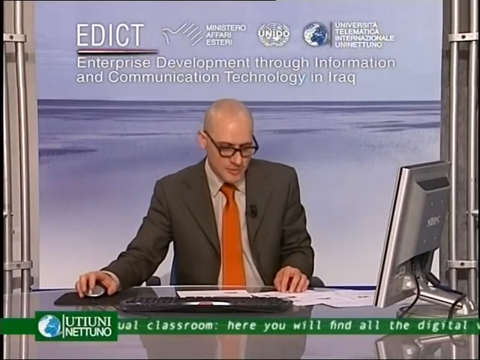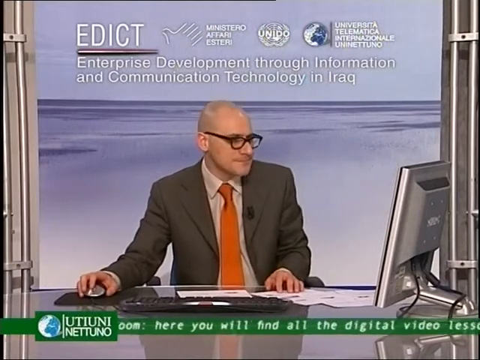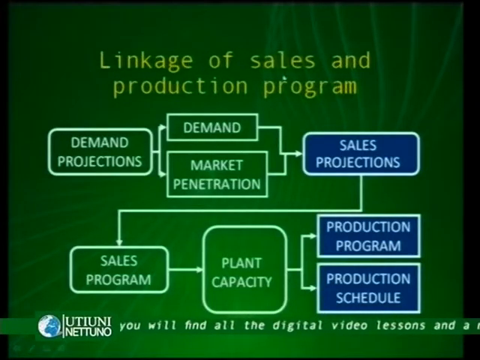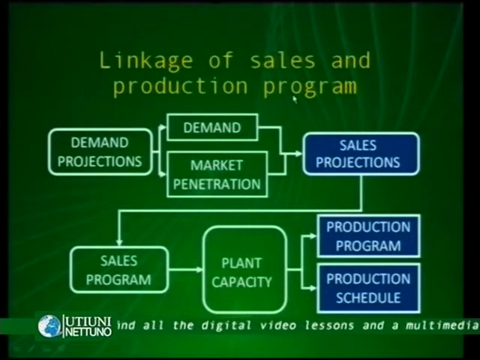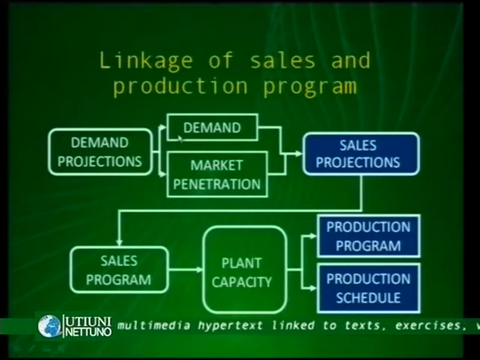Let's observe the link between the two entities, plant capacity and the production program, considering this scheme. Linkage of sales and production program. So, let's start from this side. We have demand projections, demand estimation, market penetration, and sales projections.